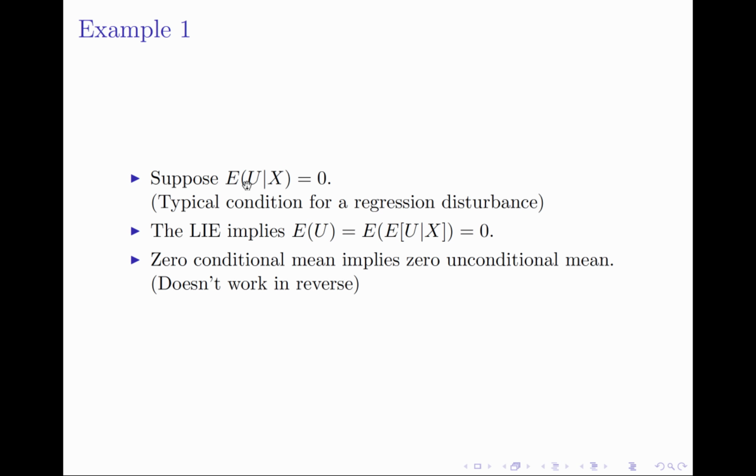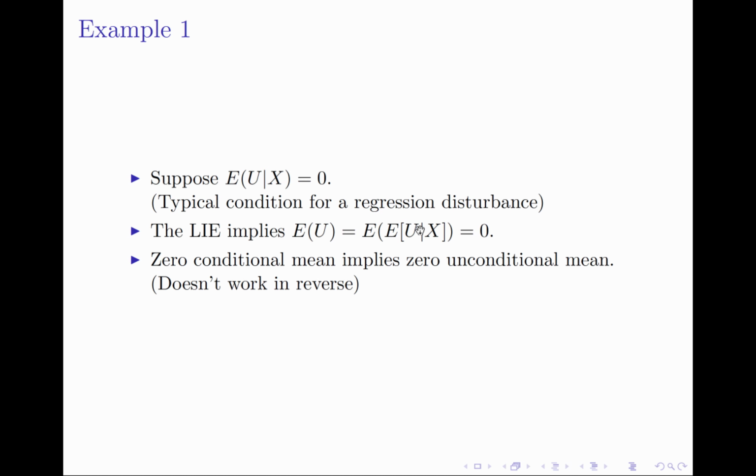Now we can deduce something immediately from this assumption that the conditional mean is zero. We can use the LIE to deduce that the unconditional mean of these disturbances must be zero, because the unconditional mean is equal to the expected value of the conditional mean, and the conditional mean is zero under our starting point, and the expected value of zero is equal to zero.